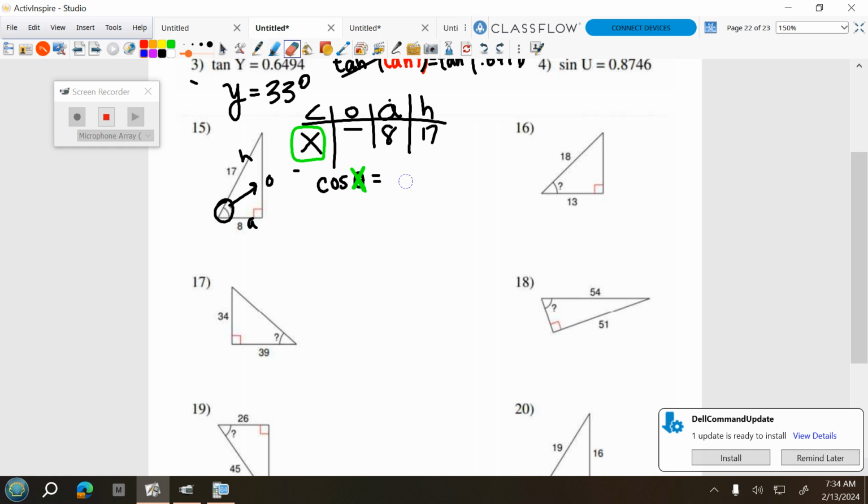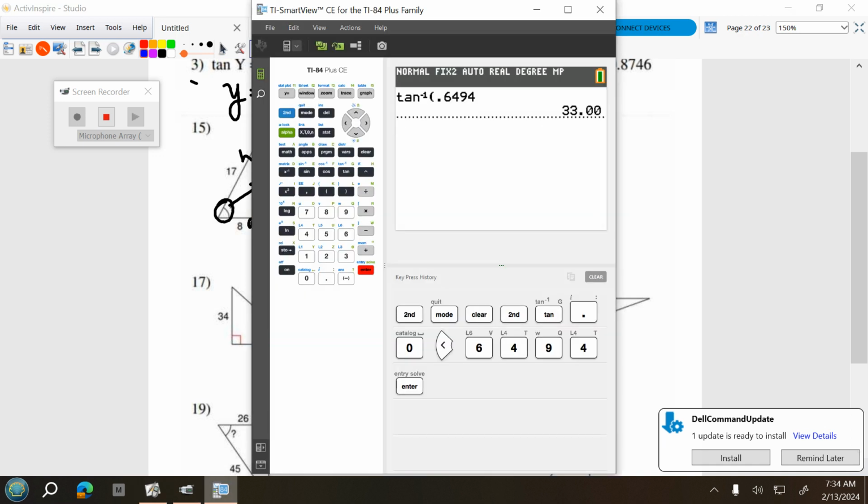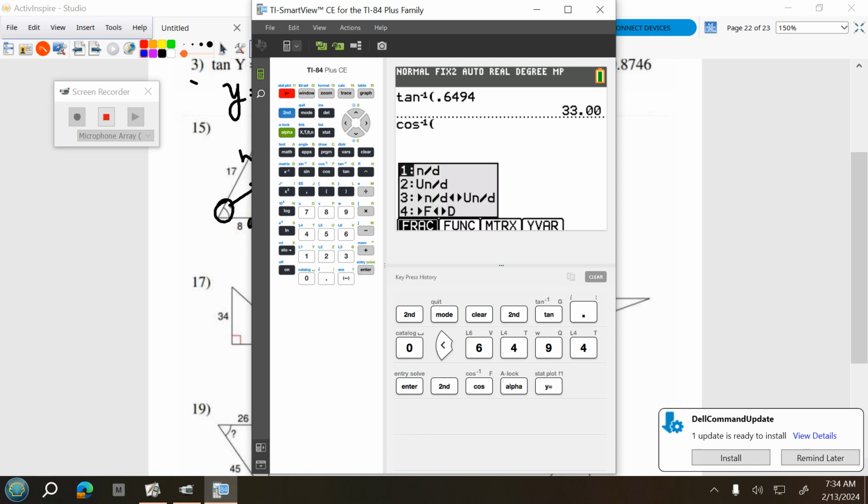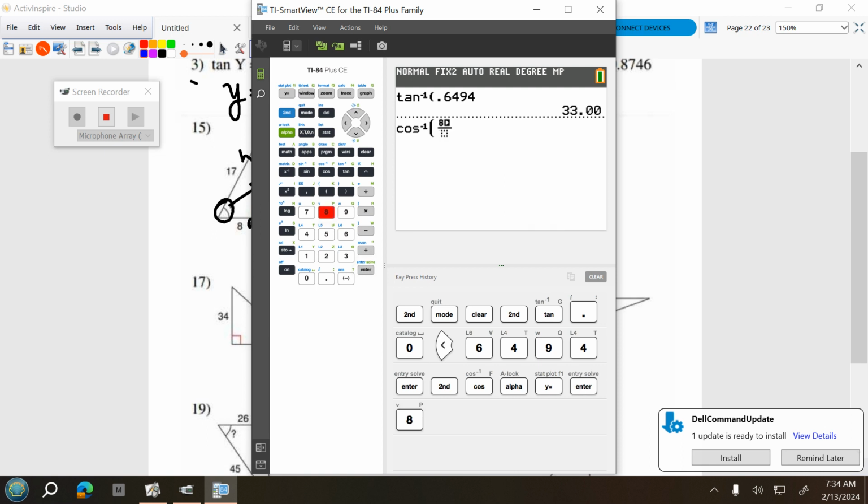To pull that angle out of the cosine, you apply the inverse of the cosine. This cancels. x equals inverse cosine of 8 over 17. It's 61.9.